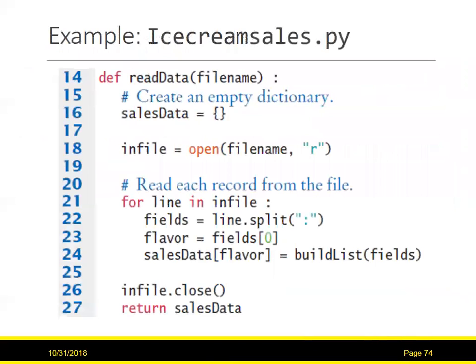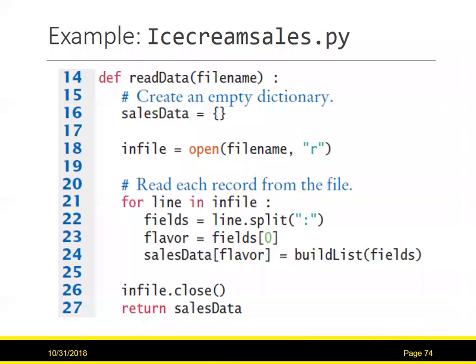So here we're reading that flavors text file we were looking at earlier, splitting it by colon. That split returns a list. So our flavor will be the first value because in the text file it was flavor colon number. So flavor is the first in that list of split.